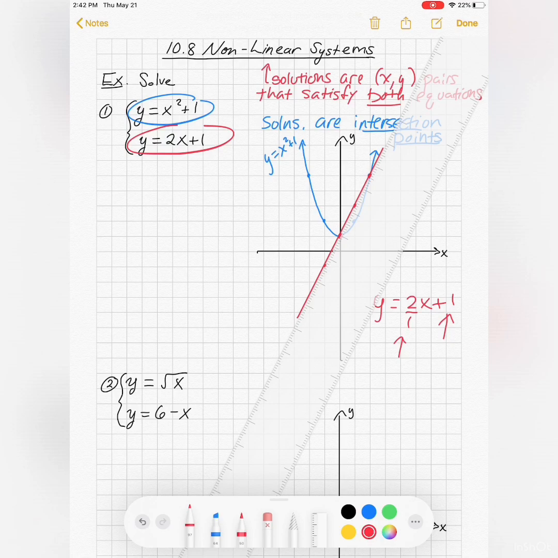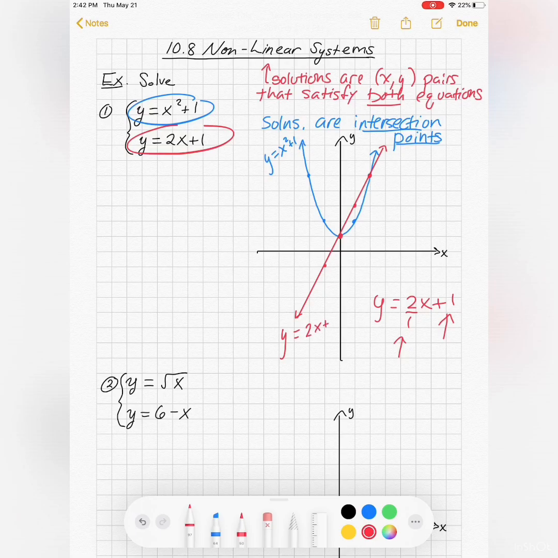It's going to look something like that. This problem is actually simple enough that I can tell the intersection points just by looking at the graph here.